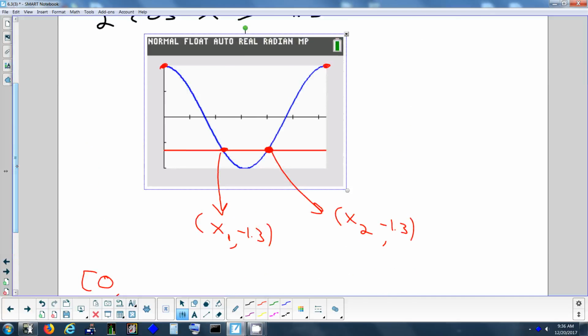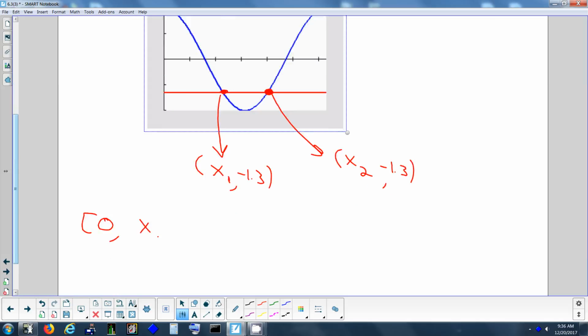And I'm going to go from 0 up to what x value? Abby? We're going to go from 0 up to x1. Yeah, we go up to x1.